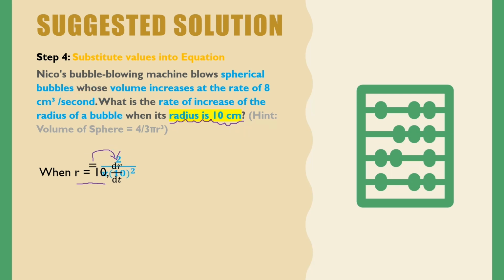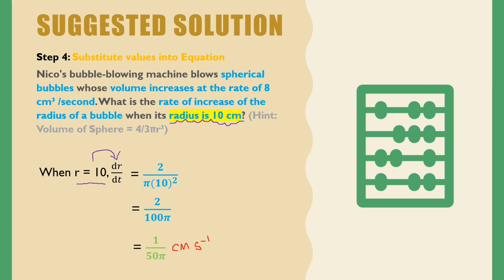And it would look like 2 over pi times 10 squared, which is 2 over 100 pi, which is again simplified. You'll get 1 over 50 pi. And again, you must not forget to put the units in, which is centimeter per second.